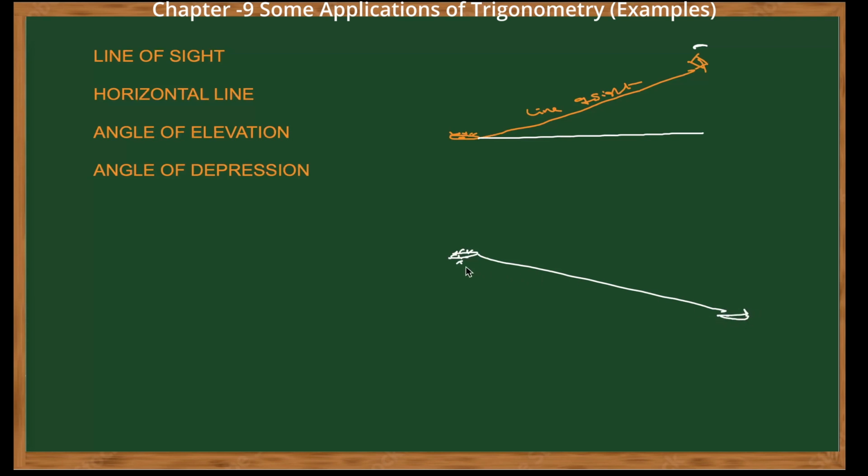From the top, if you're looking down, your sight is seeing the boat. From your eye to the boat is called line of sight. So either you can see at the top or you can see at the down, it is line of sight. And the line which is drawn here is nothing but the horizontal line. Same thing here, horizontal line.